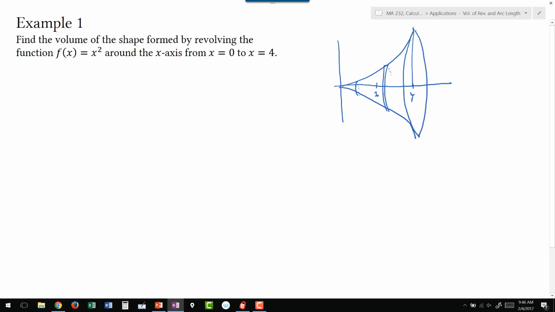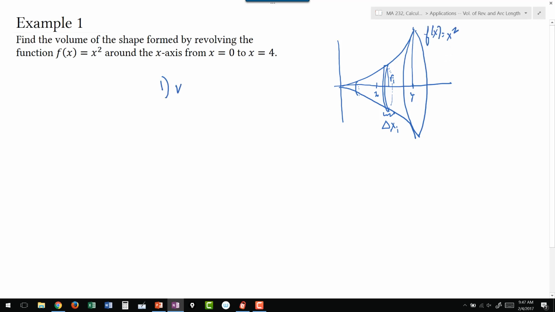Here, if we slice perpendicular to the x-axis, then we get shapes that would resemble thin disks. The radius of one of those disks we'll call r sub i, and the thickness we'll call delta x sub i, since we are slicing along the x-axis.